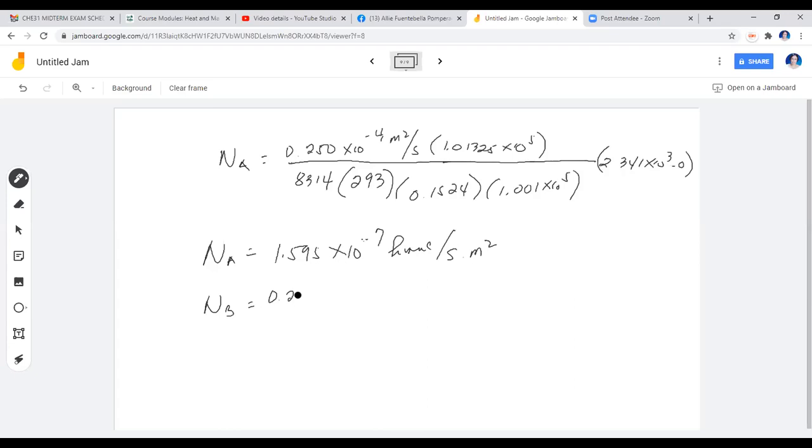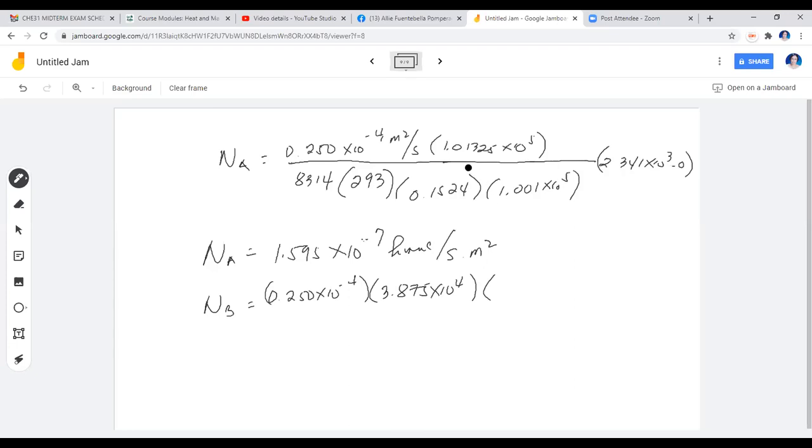Your 0.250 times 10 raised to negative 4 should be multiplied by this conversion factor, 3.875 times 10 raised to 4, which converts meters squared per second to feet squared per hour.